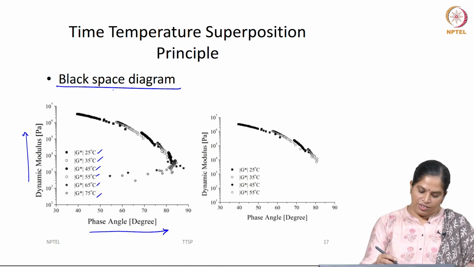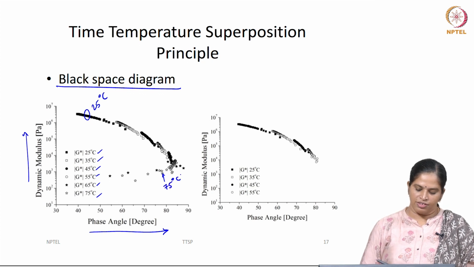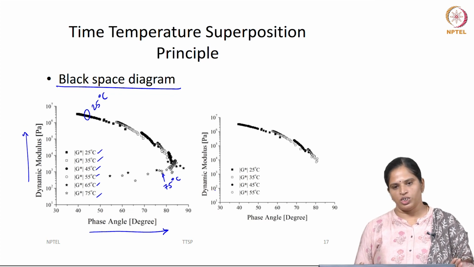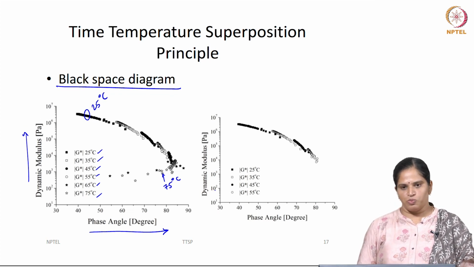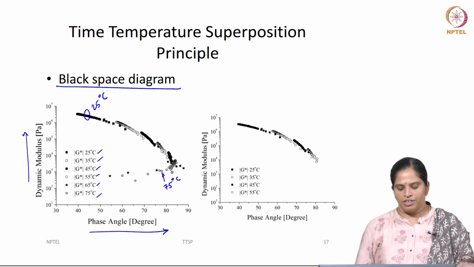This is 25 degrees Celsius, and the maximum here is 75 degrees Celsius. The dynamic modulus and the phase angle functions are not independent functions. So, if the data exhibits a smooth trend, we can use it for the construction of a master curve.